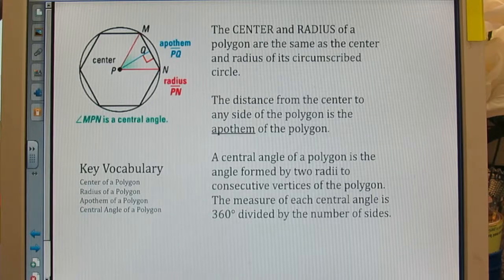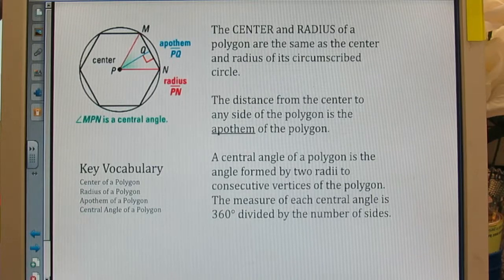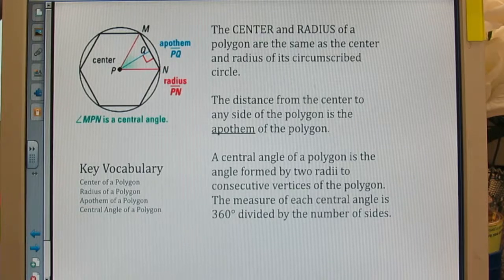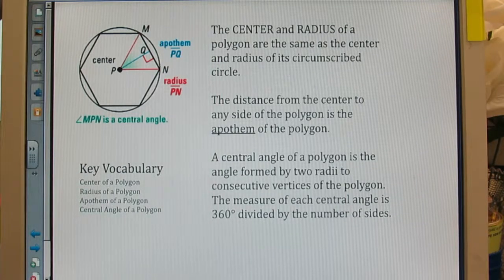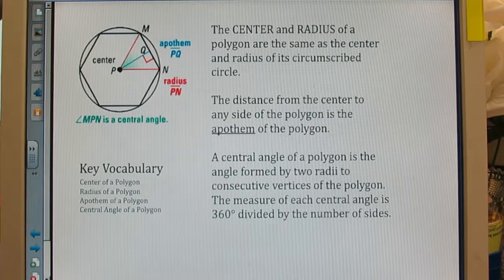So the center and radius of a polygon are the same as the center and radius of its circumscribed circle. So point P is going to be the center of my circle, but it's also going to be the center of my inscribed polygon, which in this case has 6 sides, so it is a hexagon.